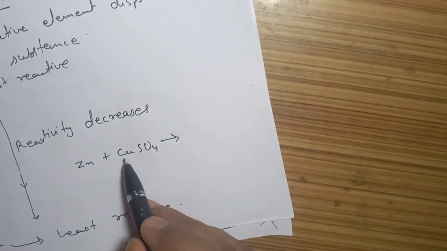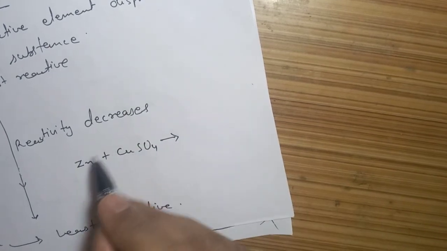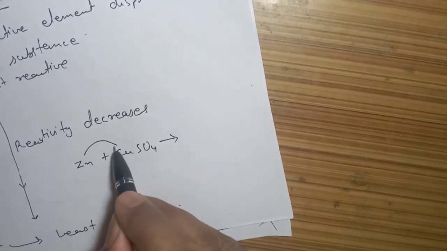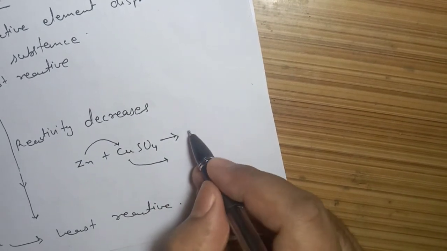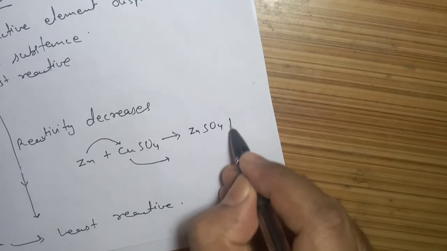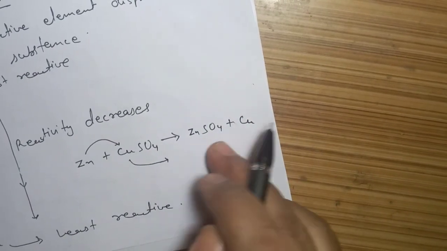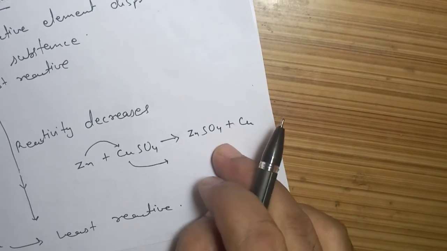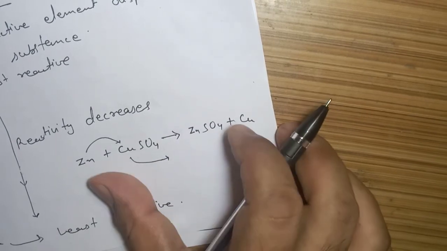So always what happens is that the more powerful displaces the less powerful. So zinc will take its position and copper will go out, giving ZnSO4 plus Cu. So Cu has been given out and zinc sulfate is the product. So this is the displacement reaction.